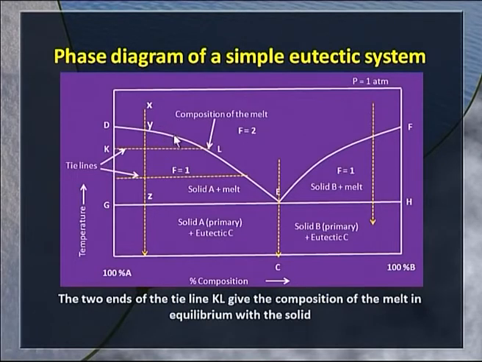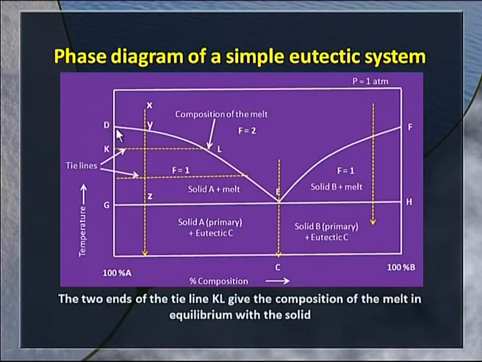In the process, the melt becomes poorer in A and its composition starts drifting along the line. Ultimately, when you reach the point Z on the horizontal line given by GH, the composition of the melt will reach the point E. So, in this region, the system is present in two phases.